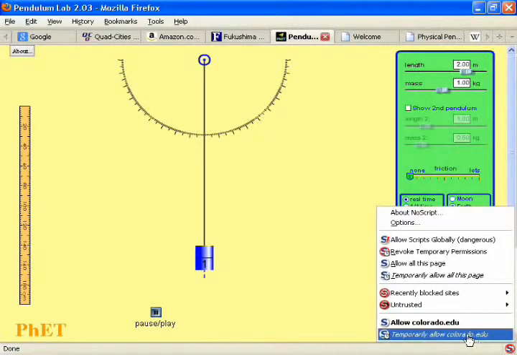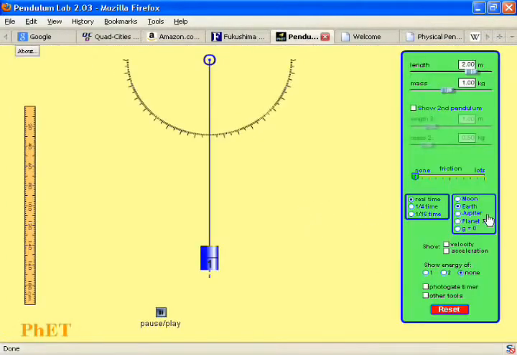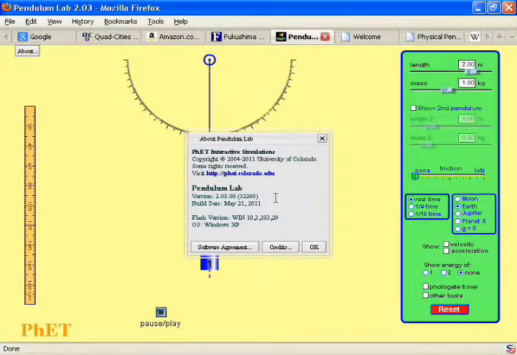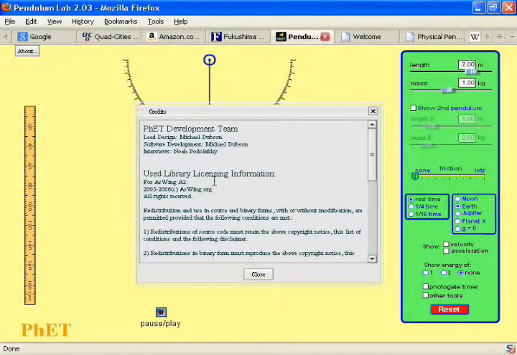Let's set this up here. So we're at the University of Colorado. Here we go. University of Colorado. Let's look at the credits here because this is a great program. Michael Dubson.